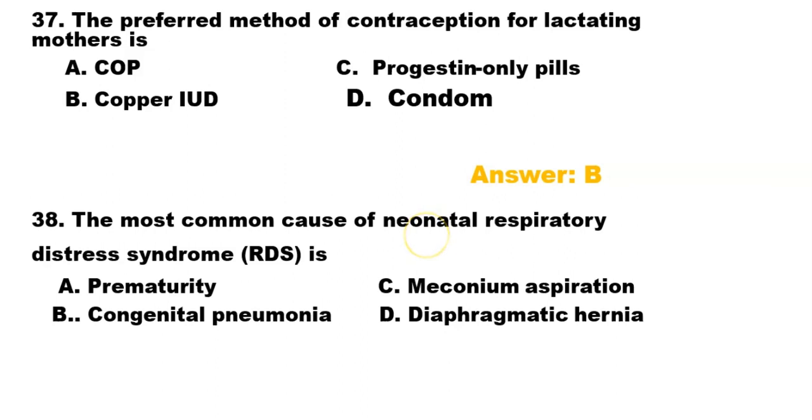The next question: the most common cause of neonatal respiratory distress syndrome is A. prematurity, B. congenital pneumonia, C. meconium aspiration, D. diaphragmatic hernia. Think over it for 5 seconds.